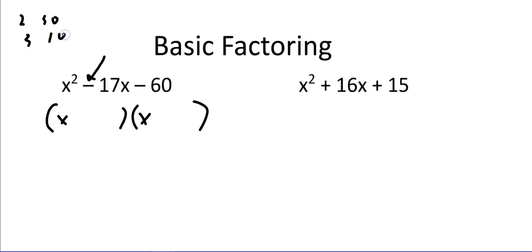You've got 3 times 10. 4 times 15. 6 and 10. I skipped right over 5 and 12. And hopefully you caught my mistake. 6 times 10 and 3 times 10 can't both be there. I meant 3 times 20. I don't know what I was thinking.